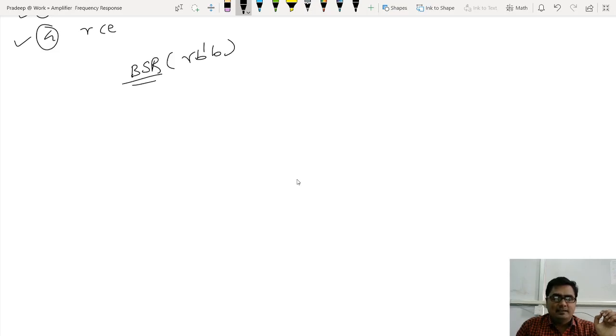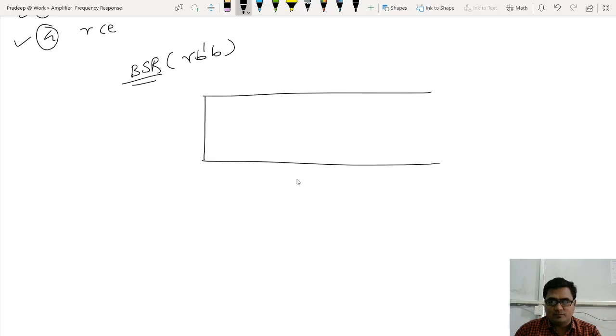RB dash B. You assume a condition where the transistor is in its actual operation of active region. Now look at this. I assume that there is an emitter. This is emitter. This is a base.